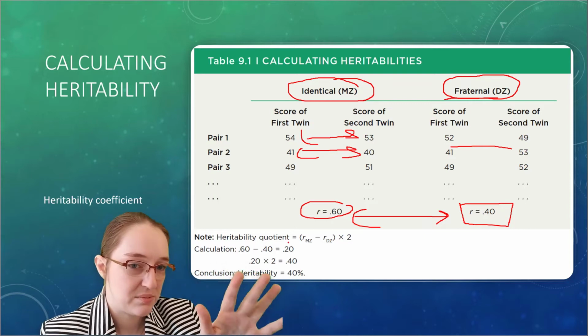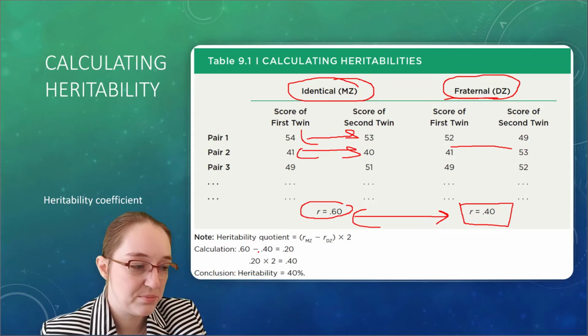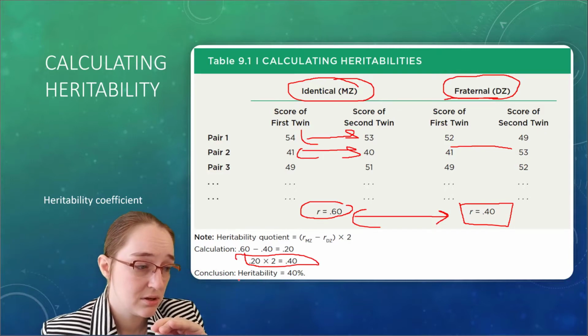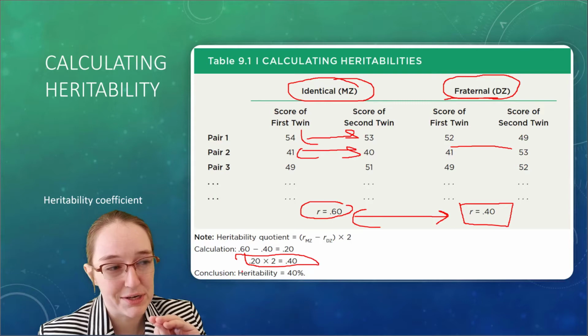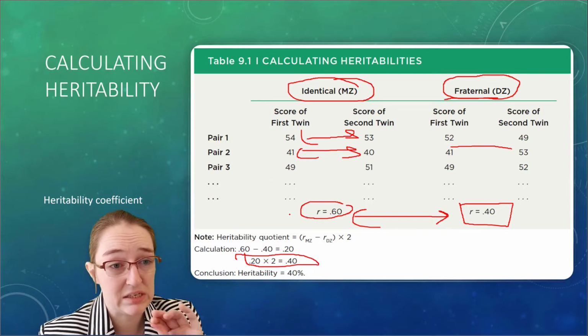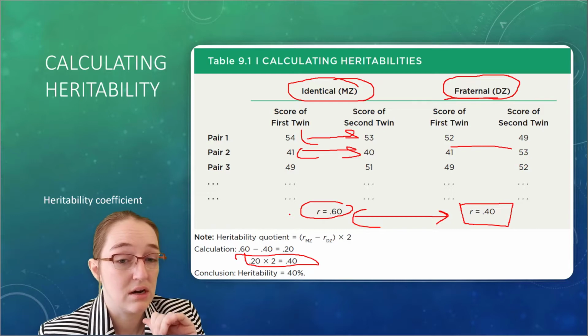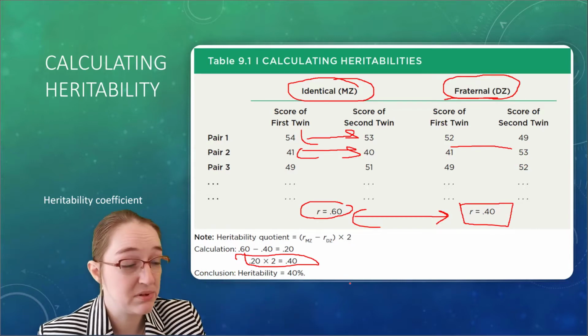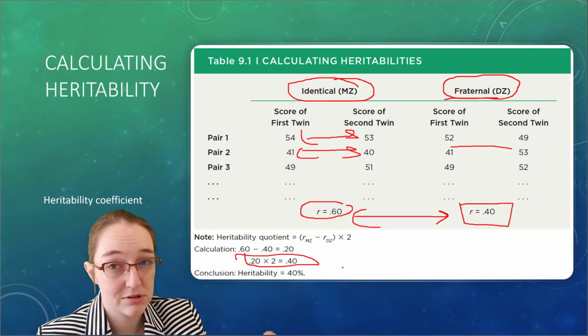And I'm not going to expect you to be able to explain that double piece, but what this study shows, this basic calculation, is that 40% of the variation in whatever this trait is is explained by genetics.